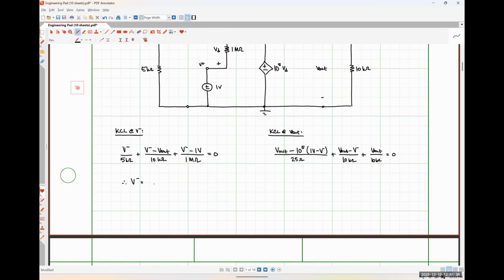V minus is 0.9999699 volts. And V out is 2.9999093 volts.